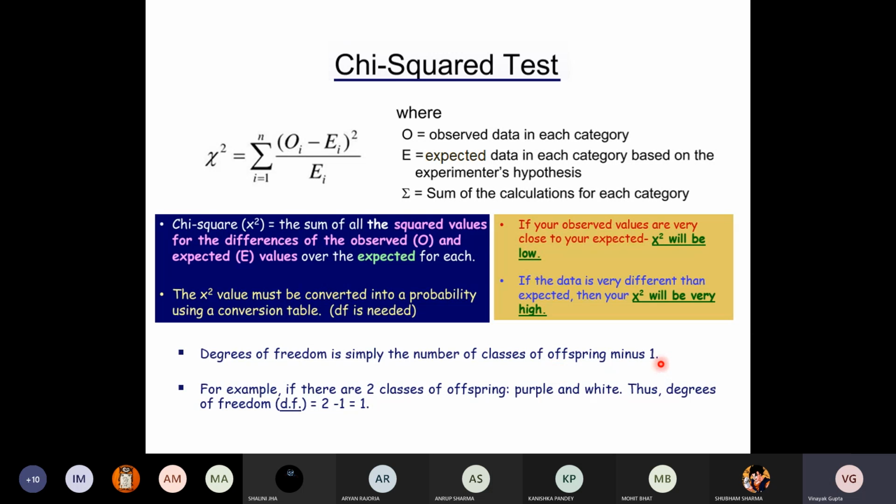That means there are two categories of plants, so 2 minus 1, degree of freedom is 1. In case of the dihybrid cross, the ratio was 9:3:3:1. That means four classes of offspring, so 4 minus 1, degree of freedom is going to be 3. Is it clear now?